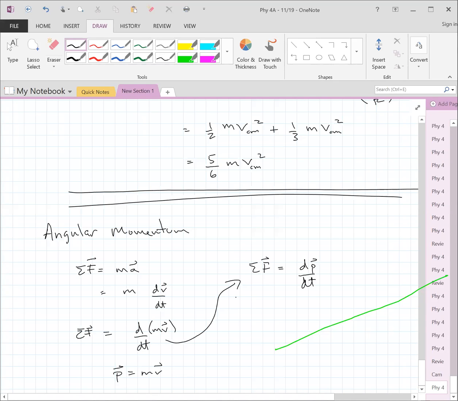Now, this might not be something you would normally do, but we're going to say r cross the net force and r cross dp/dt. And r cross F is the torque, the net torque.